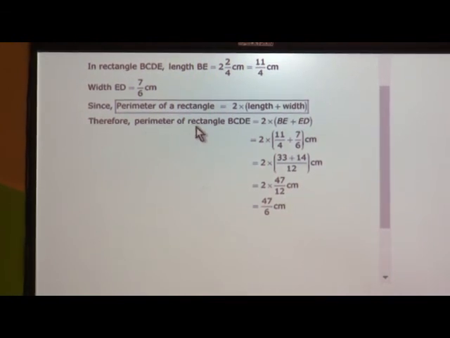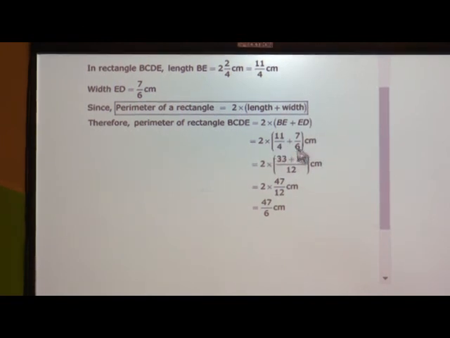So the perimeter of the given rectangle BCDE is equal to 2 multiplied by the length, which we converted into an improper fraction, 11 upon 4, plus 7 upon 6. Now again we have different denominators, so we have to go for the LCM. What will be the LCM here? By finding the LCM of 4 and 6, we get 12.